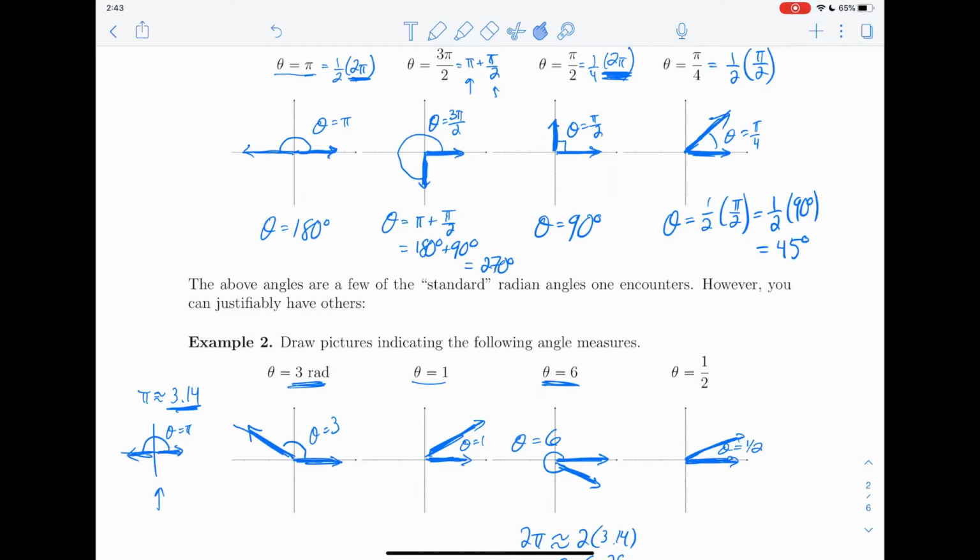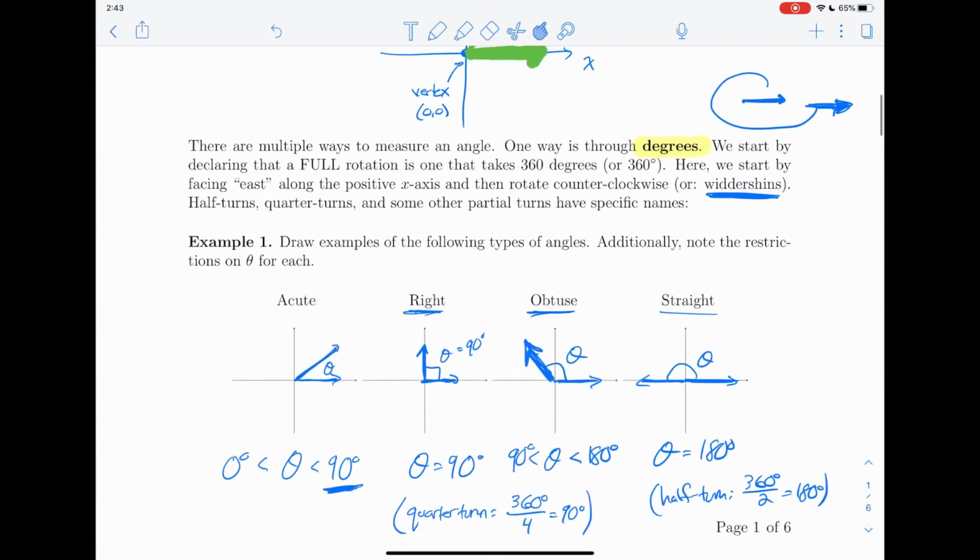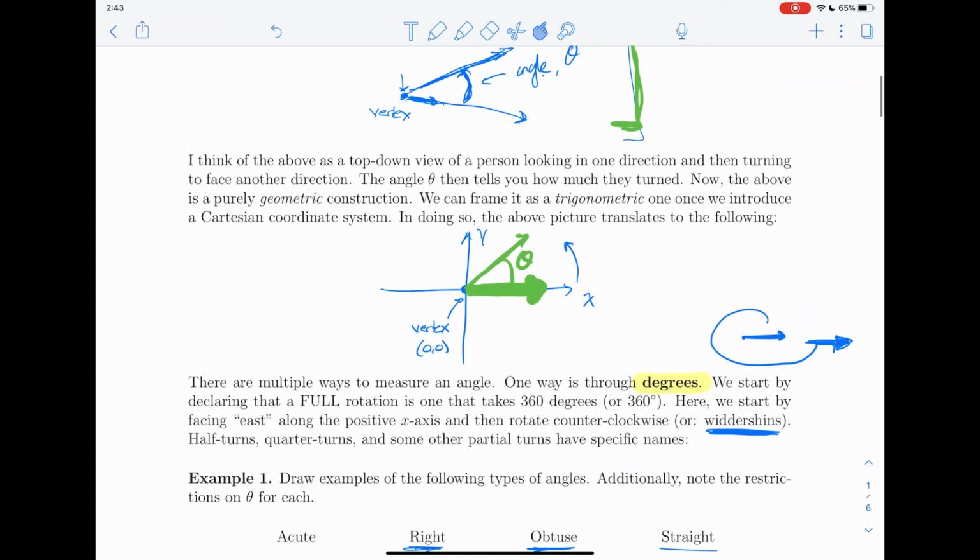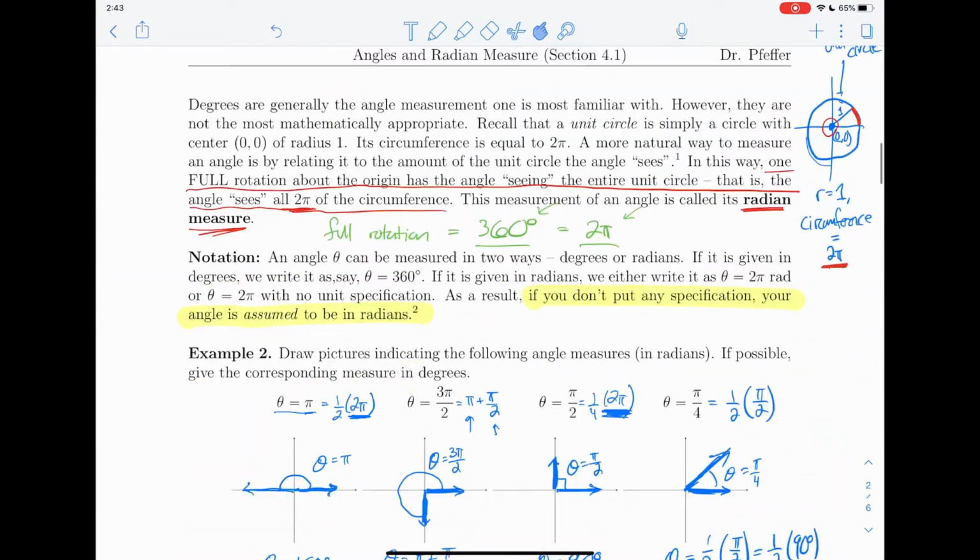We agreed in the very beginning of last video that our angles should always be starting by pointing eastward, and then they move in a counterclockwise fashion, and this is sort of what we agreed that we had to do. But that's not necessarily what we have to do all the time.